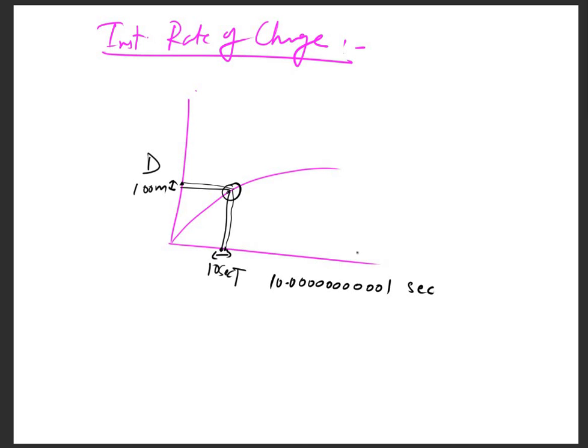Why? Because if this is t and this is d, and the change in t is delta t, which is t2 minus t1, let's say this was t2 and this was t1.